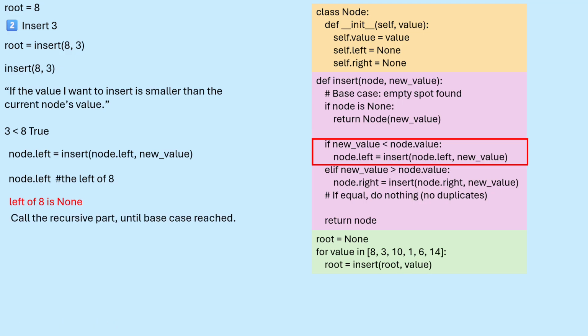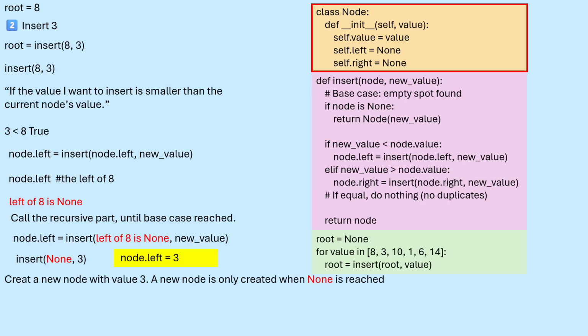If the left of 8 is none, it means that we're going to return node.left is null or none, and therefore, when we get to that stage, the left of 8 is none, which means we can now reach our base case. So the left of 8, we're going to put the number 3.